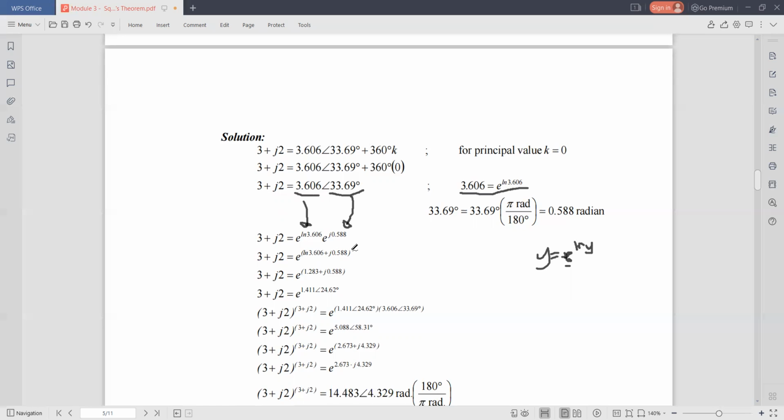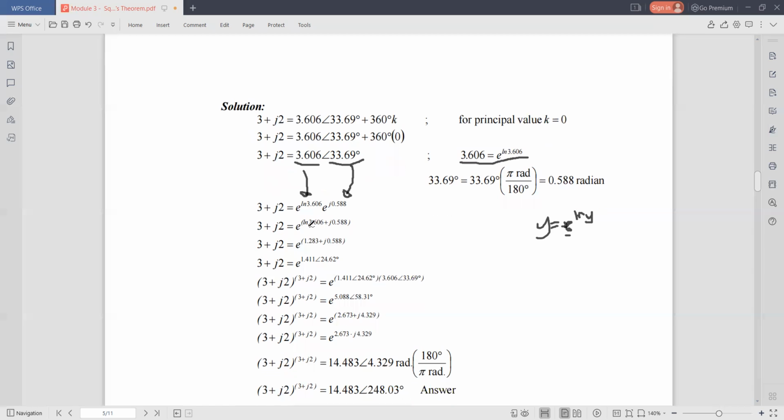Then we need to convert it to polar form. First, we need to get the ln of 3.606, that is 1.283, then plus j, the same lang. Then convert natin into polar form.